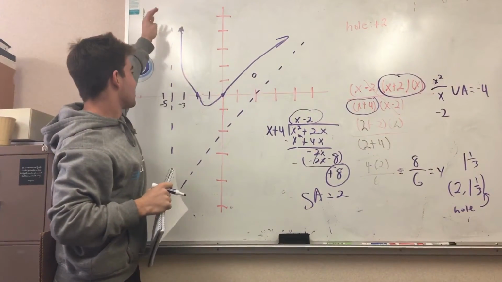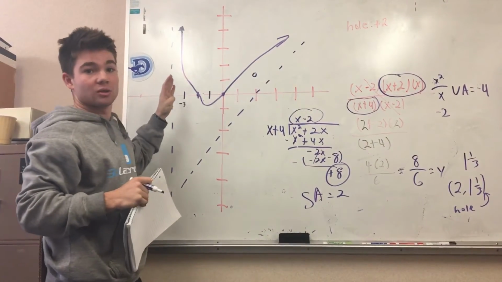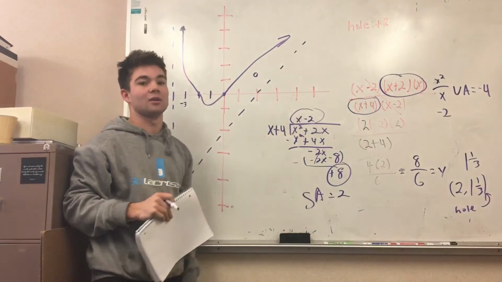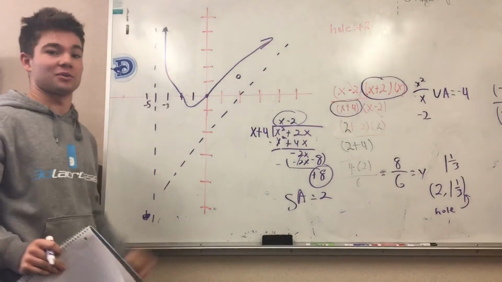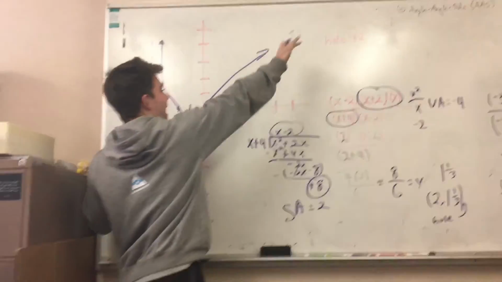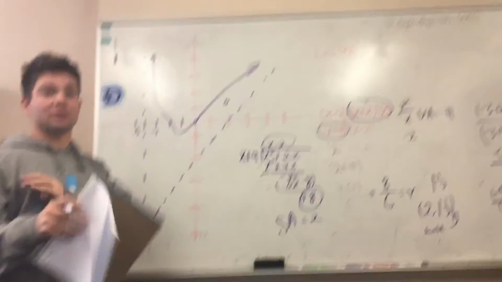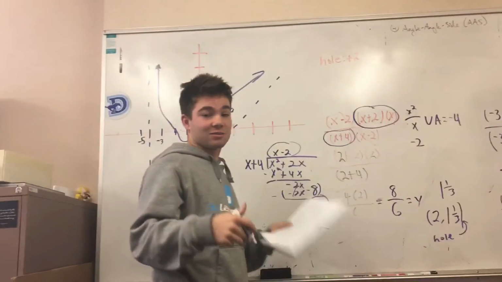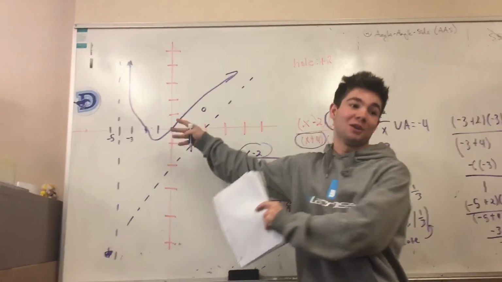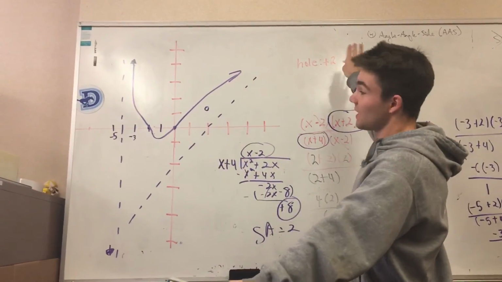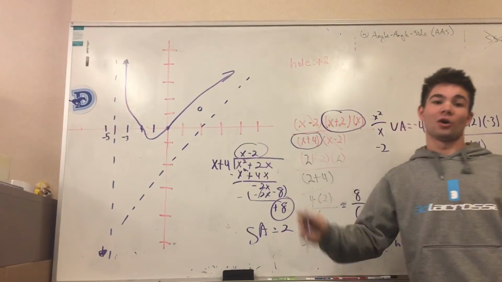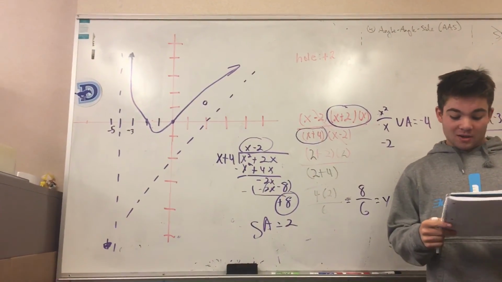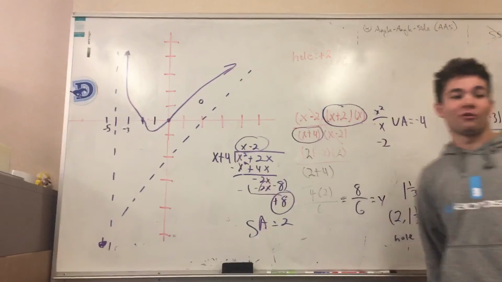And the thing about our asymptotes is that they are going to become very close to the asymptote, but they're never going to touch. This is a poor representation because I'm not great at drawing, but as this goes out, it's just going to get closer and closer to the slant asymptote, but it's not going to hit it. And so when the slant asymptote really matters is not really in the middle of our graph, but more towards the end when the x gets very large. So yeah, that's how you solve this equation.